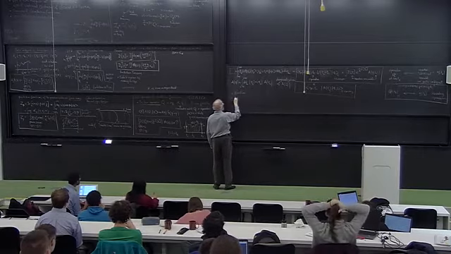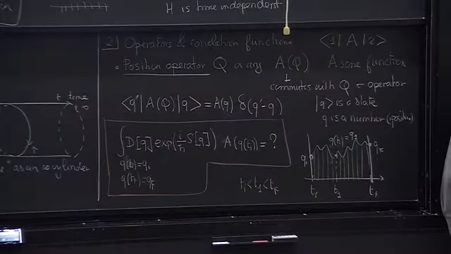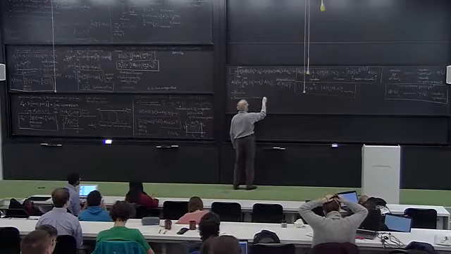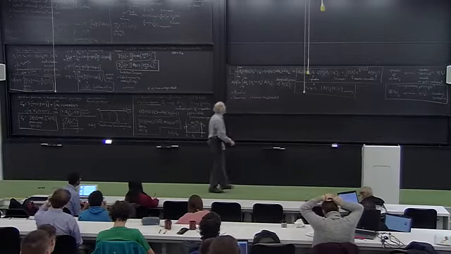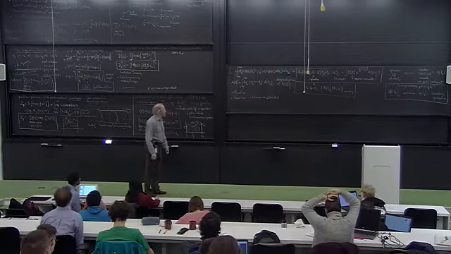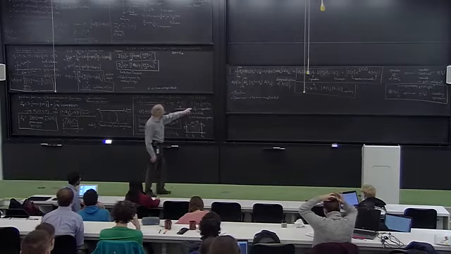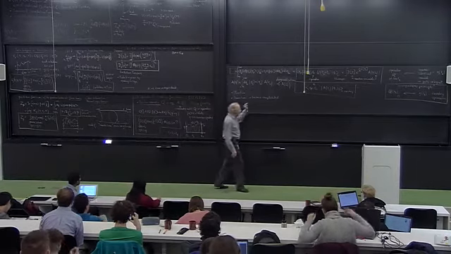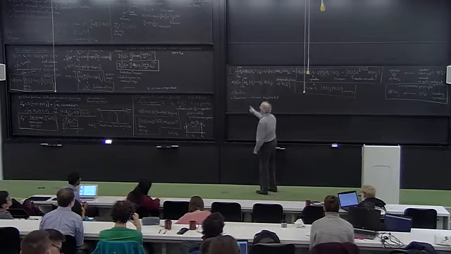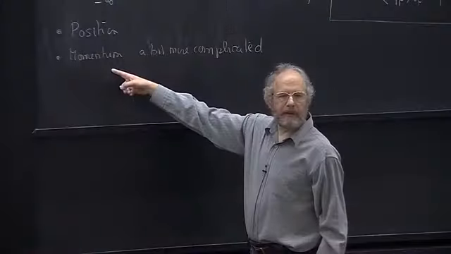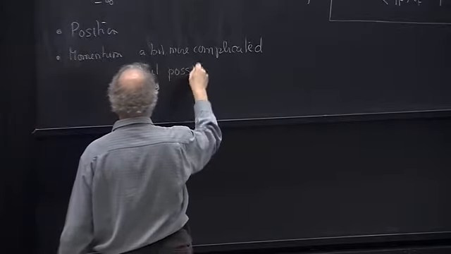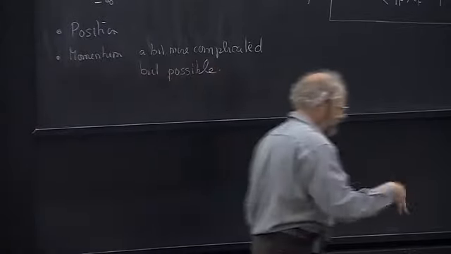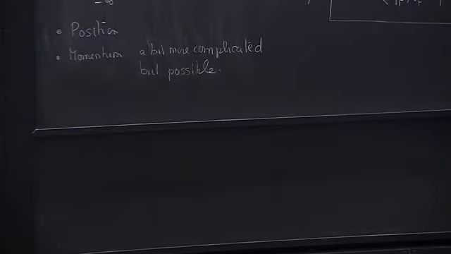For the momentum operator, it's a bit more complicated. And I might discuss that a bit later. You'll see why there is a little subtlety when you try to define what a momentum operator is in the path integral, but it's possible. So there is no difficulty in principle. But I'm going to discuss that a bit later.